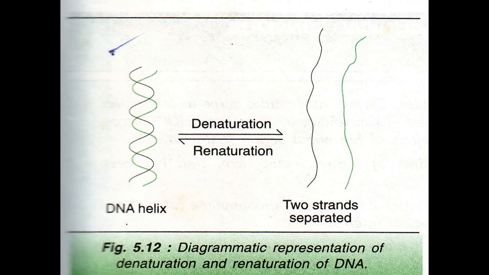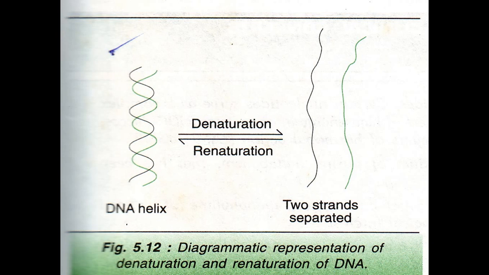See this diagram. On the left hand side you can see the double stranded DNA helix. One is in black color, the other one is in green color. When you do the denaturation, the forward reaction, both the strands are separated, because the hydrogen bonds and the van der Waals forces, other forces that are stabilizing the DNA structure, are broken or removed, so that two different DNA strands are formed.